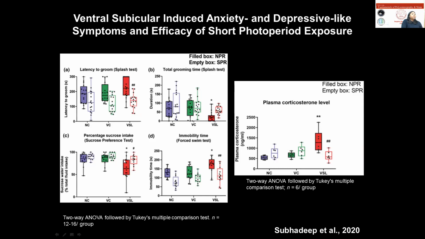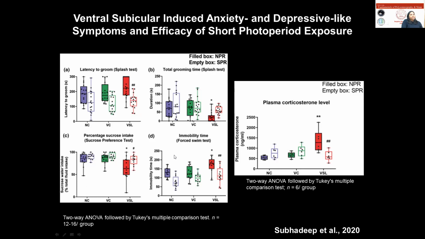Similarly, in the sucrose preference test, when presented with the choice of water and sucrose water, the VSL animals showed less preference for sucrose water as opposed to water, but it was improved with exposure to SPR.